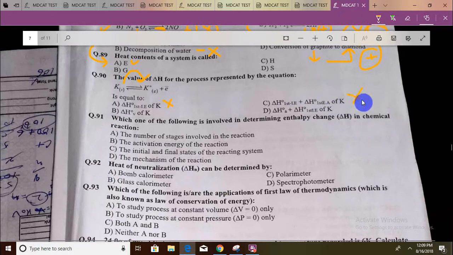No. The atomization plus the first ionization, definitely, because when atomization happens we go from the element in the normal state to the gaseous atom. So if we take this and we also take this, because firstly it would have to be converted into this form and then into this form, D is the relevant one.